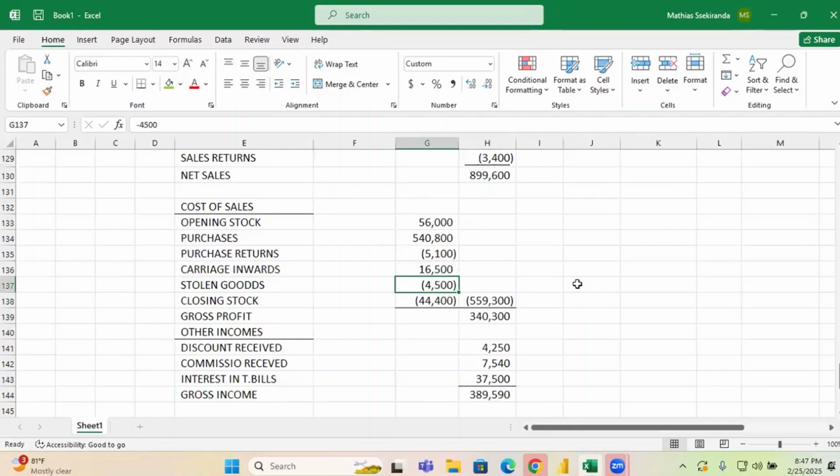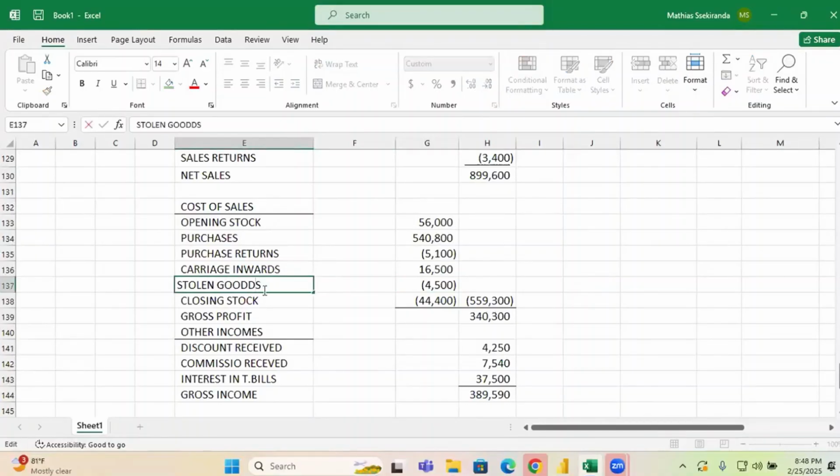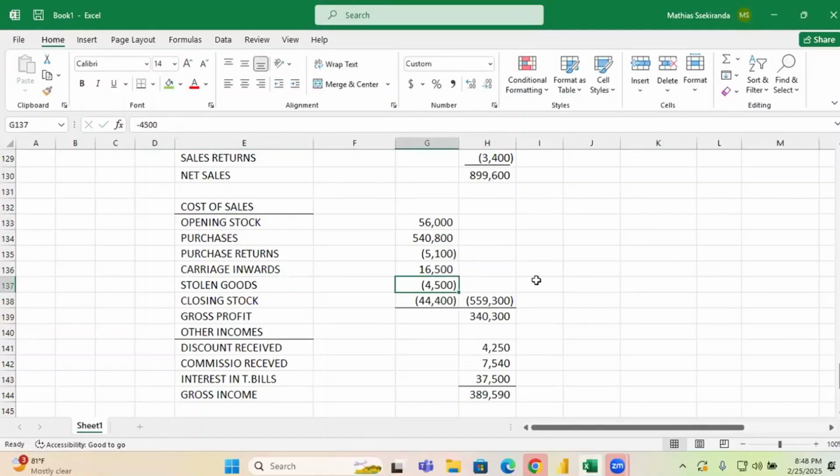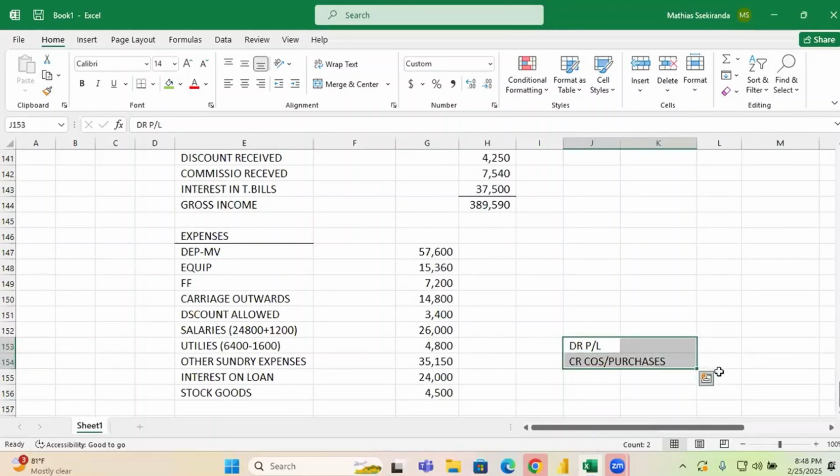I gave you all the details last week, what you have to include in the cost of sales. Stolen, destroyed, or damaged goods, we less them under cost of sales, but at the same time, recognize an expense to complete this double entry we are talking about.